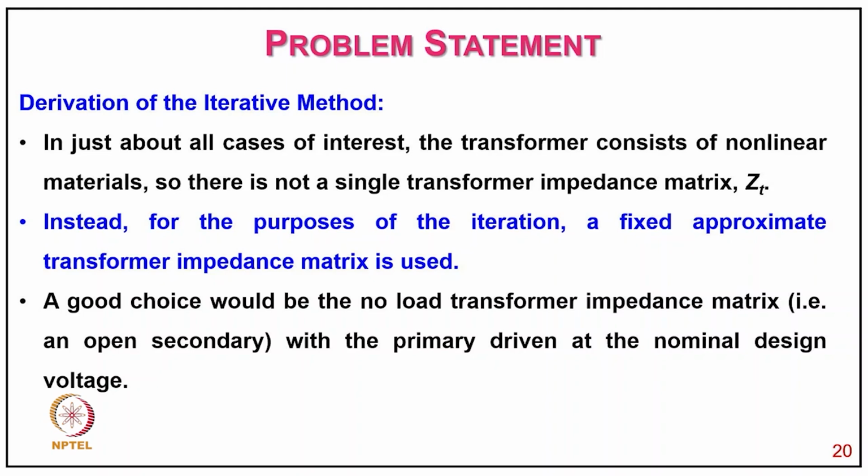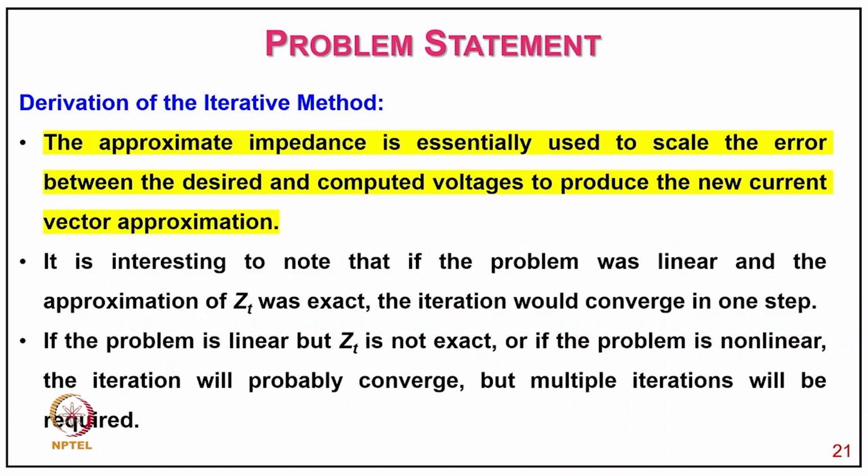Instead, for the purposes of iteration, a fixed approximate transformer impedance matrix is used. A good choice is the no load transformer impedance matrix, that is, open secondary with the primary driven at the nominal design voltage. The approximate impedance is essentially used to scale the error between the desired and computed voltage to produce the new current vector approximation.